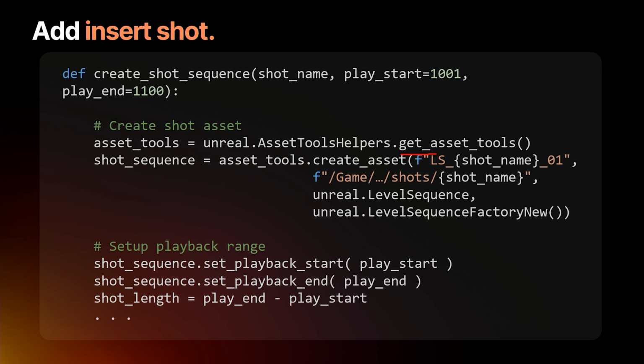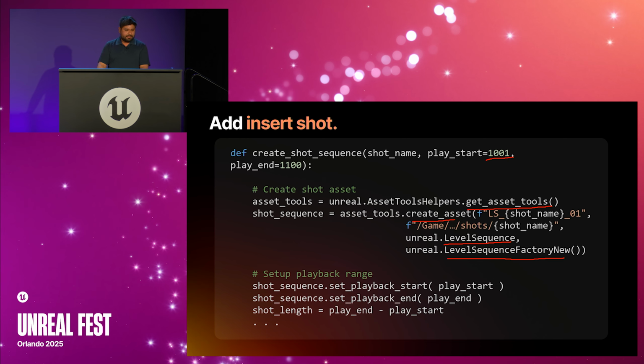We can just run the get assets tool, and create a new asset, using the correct class that we want to create, in this case a new level sequence, with a level sequence factory. Oh, I mentioned earlier that we would like the frame range to default to 1001, so I can make that part of the function to match our pipeline.